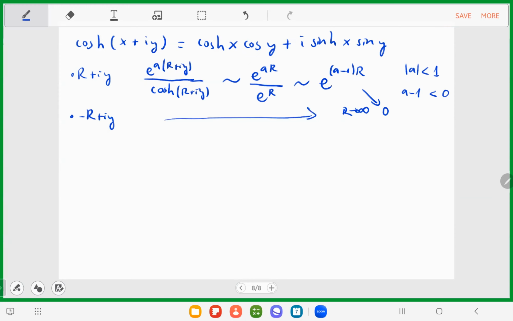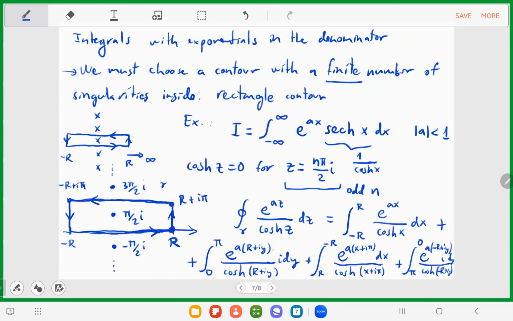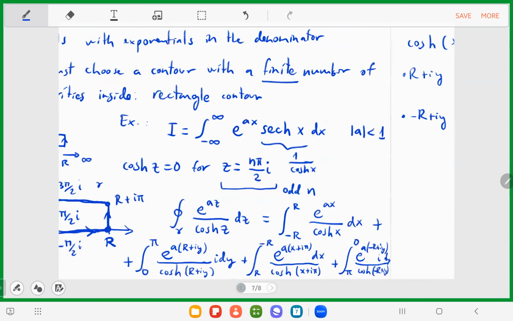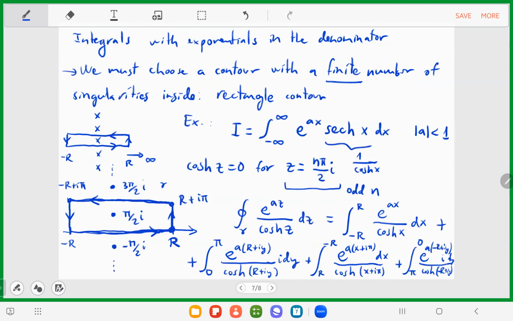So these two vertical integrals, for the integral along y, both of them will tend to 0 when r goes to infinity. So that's good, and that's why this doesn't work if a is not between minus 1 and 1. So we only have the third integral.